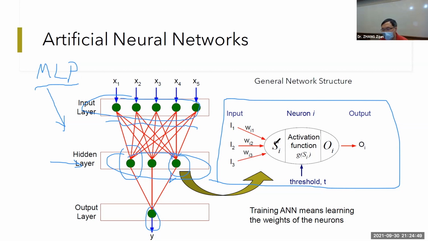All the inputs will be integrated as an S_j, okay, and fed into this neuron. And this S_j in this neuron needs to go through this activation function to generate an O_j. And this O_j will be output by this neuron. And this activation function also needs to take a threshold T.